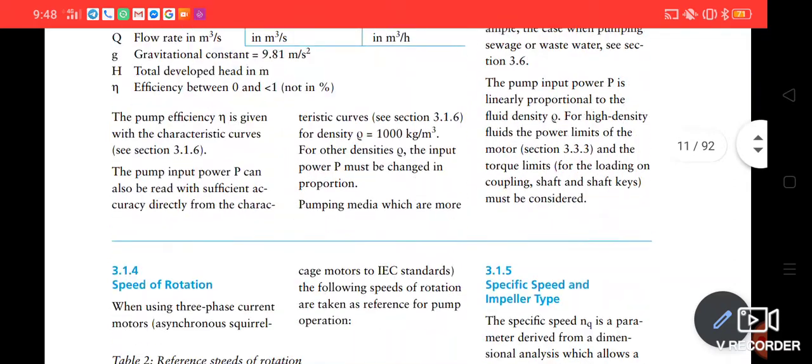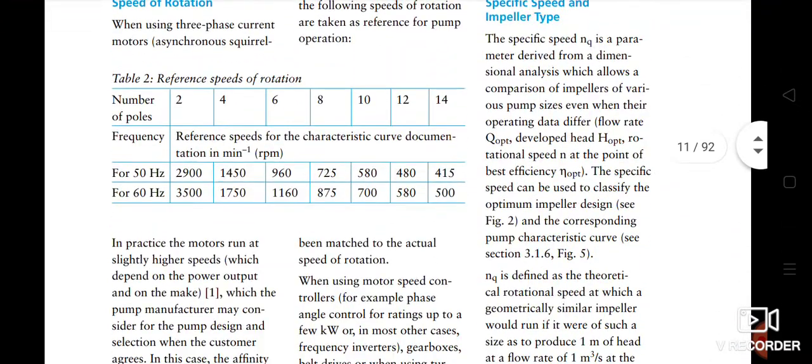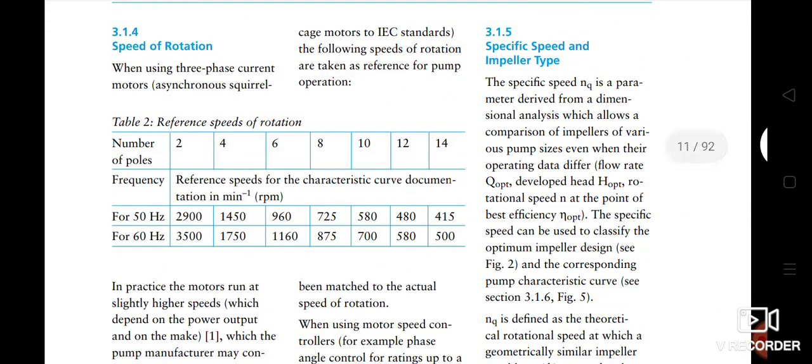If you focus on the speed of rotation, if we select 50 hertz frequency and the number of poles is 2, then the speed of rotation in rpm is how much? Normally the frequency of the current is 50 hertz, so we select 2900 rpm. This speed is taken from the data book.